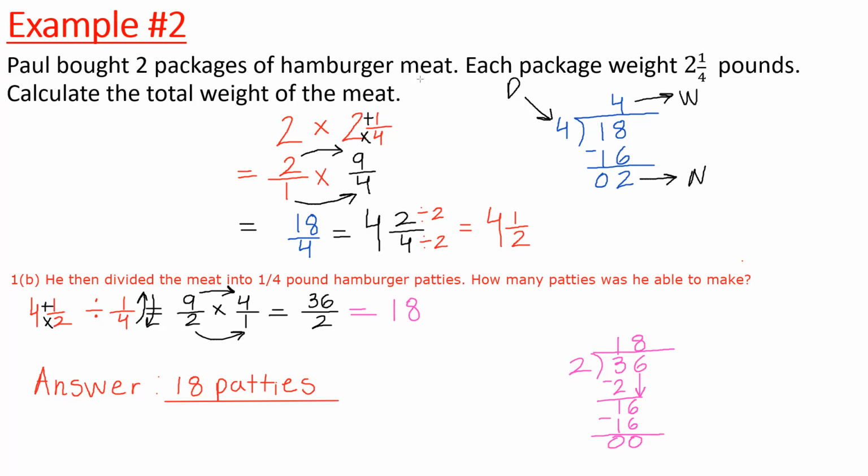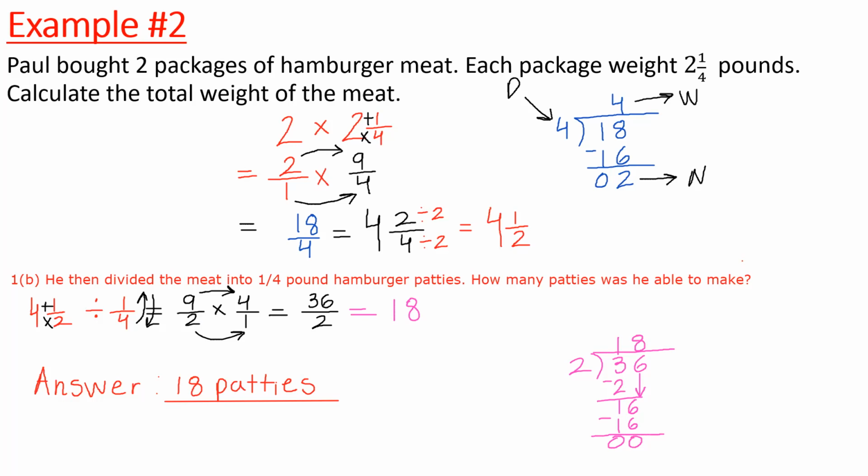Okay, so the second part is we're dividing, right? So before we divide, we have to change the 4.5 into a proper fraction. How could we change the 4.5 into a proper fraction? Multiply 2 by 4 and then plus 1. Very good. And that gives you 9 over 2.